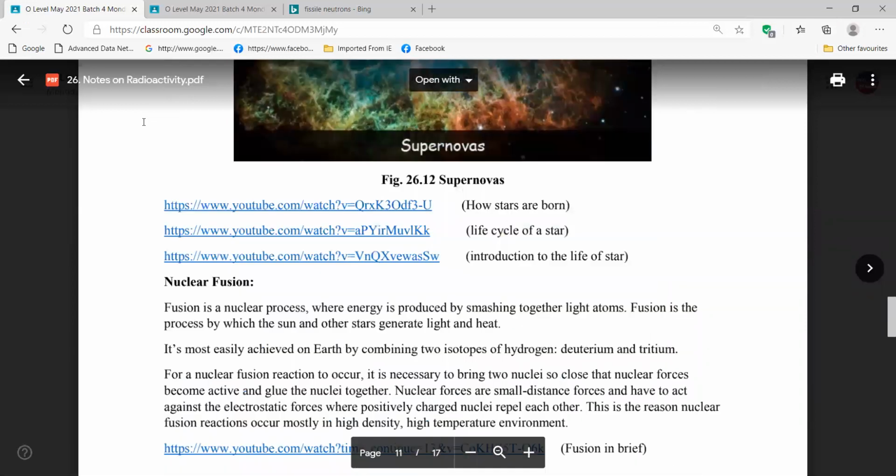When the supernova is taking place, will it just explode like this, or will it just collapse a bit? This is our star, which is just going to go supernova. It collapses and then boom.